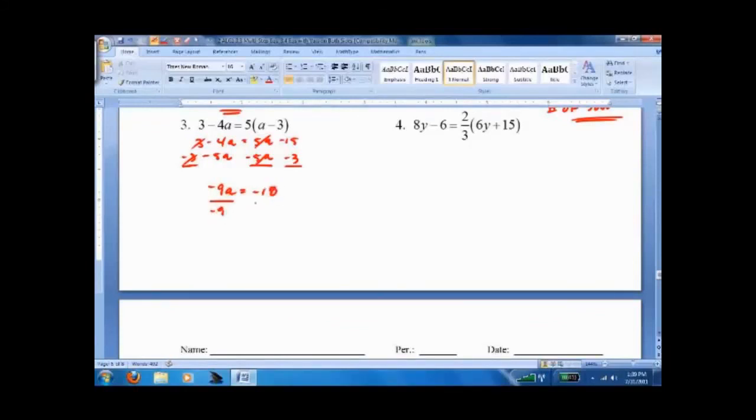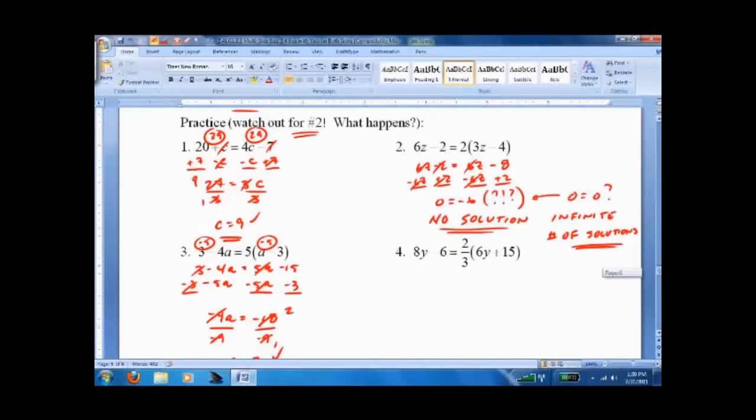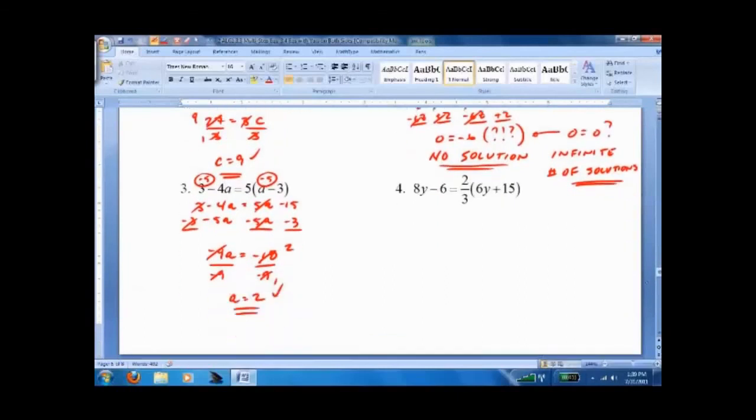Divide by negative 9. Divide by negative 9. a equals 2. 3 minus 8 is negative 5. 2 minus 3 is negative 1 times 5 is negative 5, so it checks. I feel like I didn't check my work up here. Well, I can't. There's no solution.